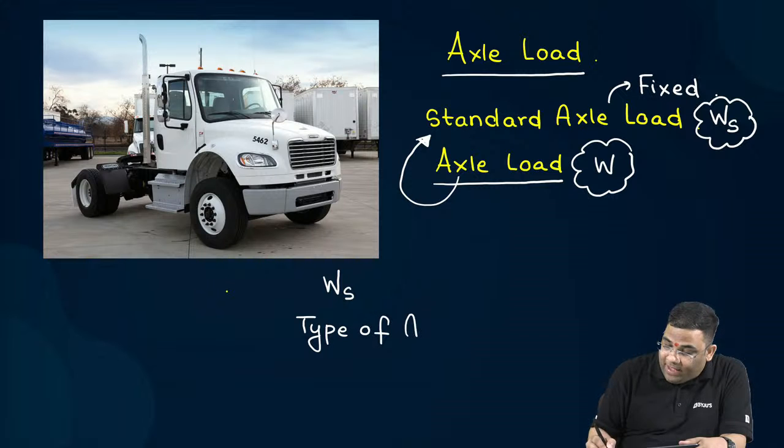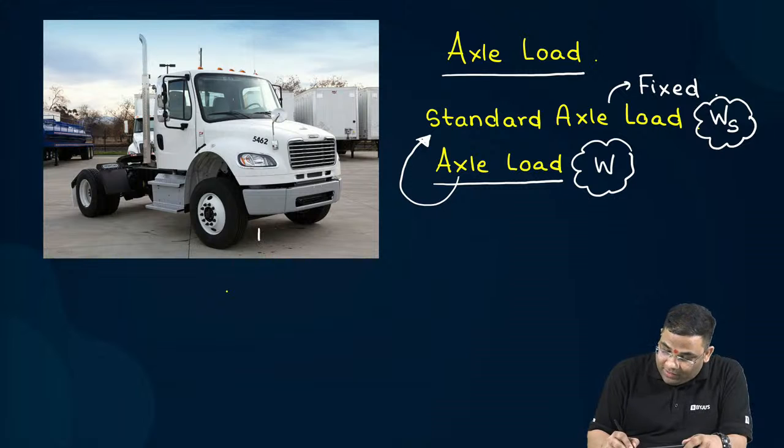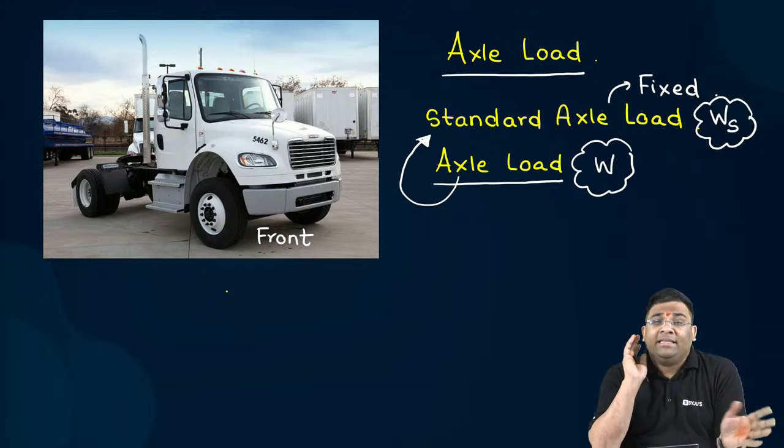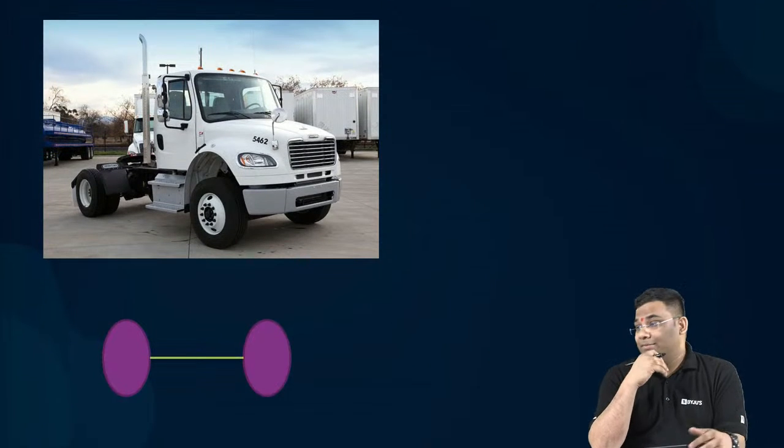If you see this front one, you can see that there is a single axle, and then on each side of the axle there are two wheels.